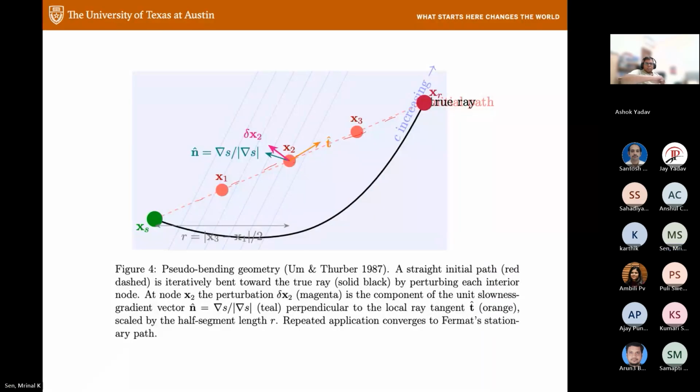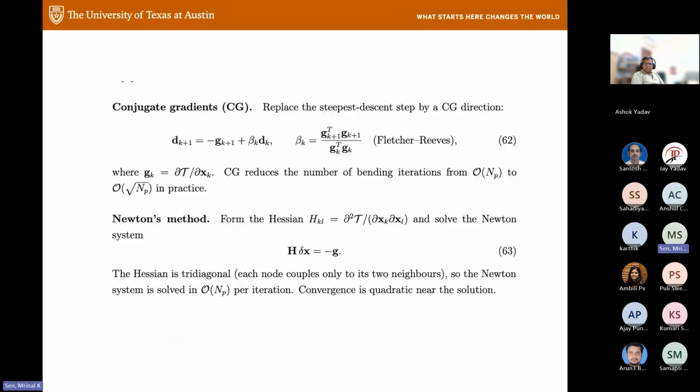This is the direction of the normal, the direction you want to go, and this is what that formula has given you. Once you do that, after a few iterations you will get a ray path that basically matches your solid line.